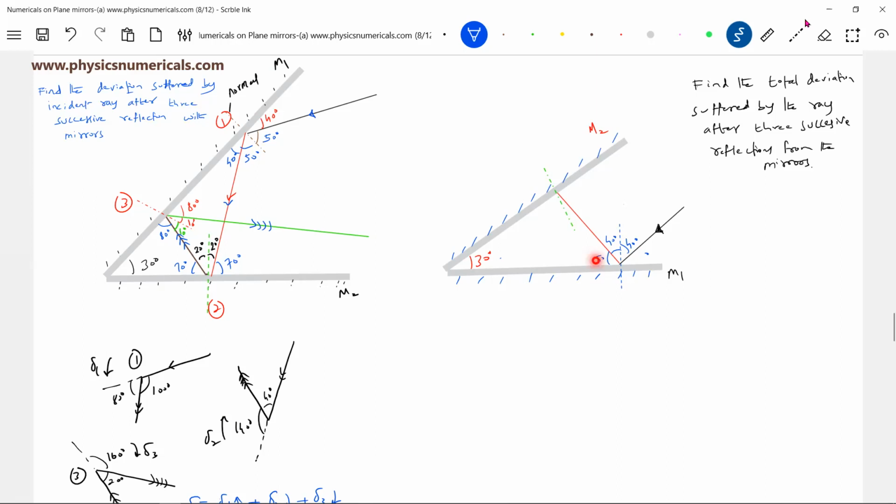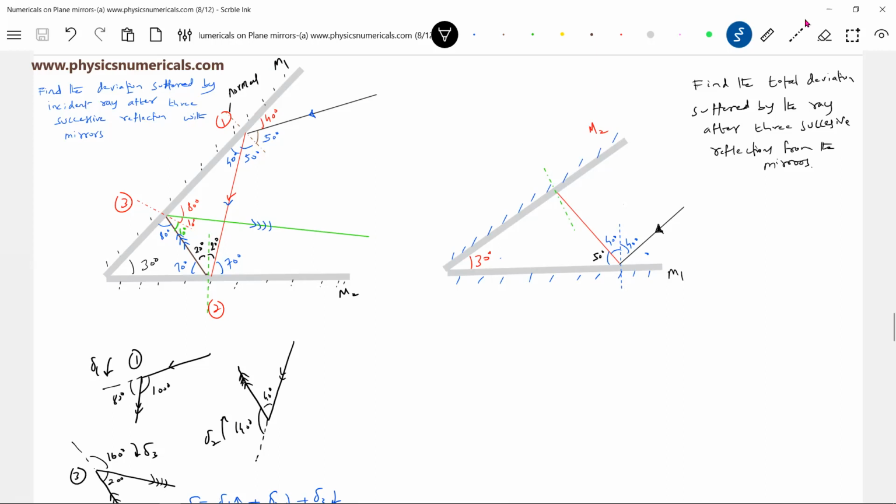It will be 50. Find the total deviation suffered by the ray after 3 successive reflections from the mirror. This was the question asked of us. So there's 50 degrees that happened.